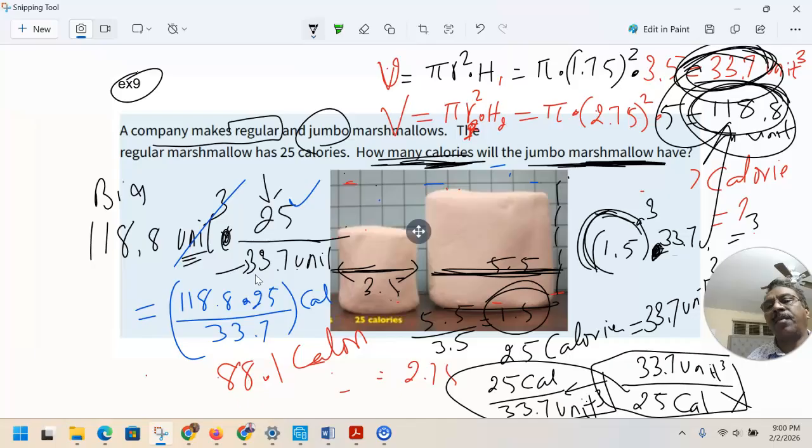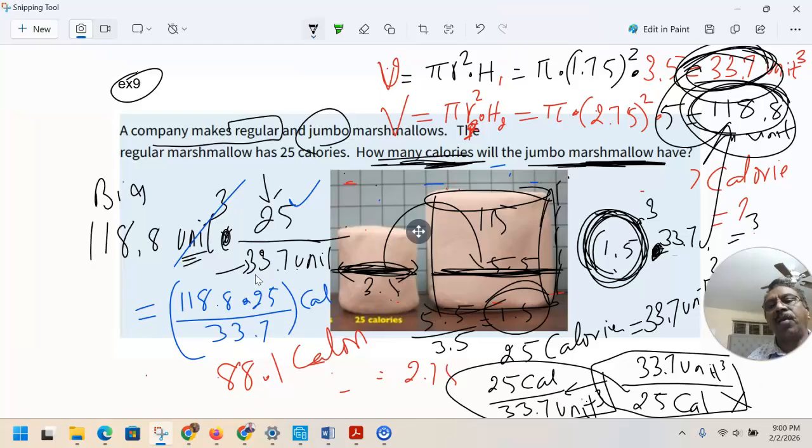So it gets scaled by a scale factor of 1.5. If the length grows by a scale factor of 1.5, the volume grows by the cube of that 1.5. Anyway, I just wanted to show an understanding of this.